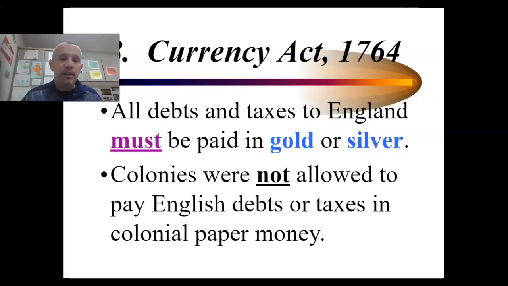Colonists were not allowed to pay debts or taxes using colonial paper currency. And remember, back then, every colony had its own paper money. There was no such thing as the U.S. dollar yet. So Massachusetts had its own money, Connecticut had its own money, Virginia had its own money, New York had its own money. And basically England said, we don't want your colonial currency, we want gold and silver, which really kind of makes sense, but it angered the colonists.